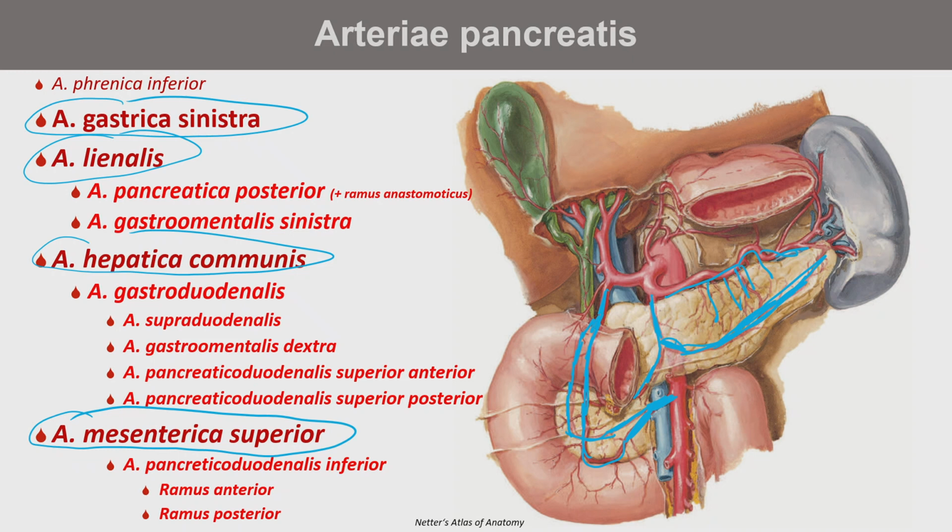And when you see this complicated pancreatic blood supply, then you will understand, when you have surgery, that the pancreas could be resected, and then surgeons use the so-called total pancreatoduodenectomy, according to Whipple.